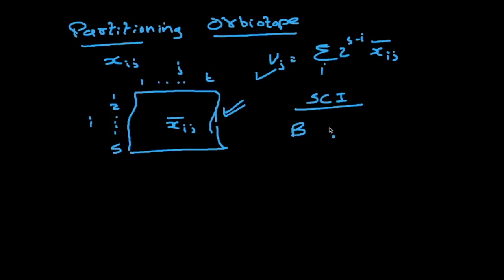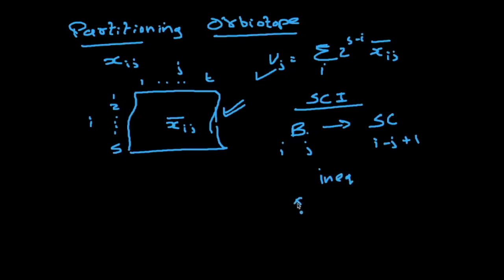It requires picking one subset called bar, which is made from picking one i and one j from here, and that results in a bunch of shifted columns. Precisely i minus j plus 1 different shifted columns, and for every bar and shifted column we have one inequality.